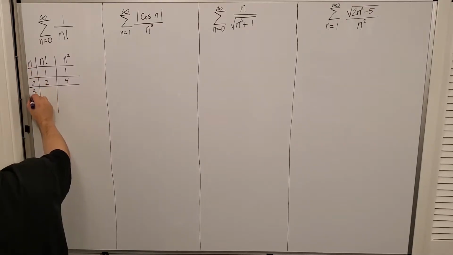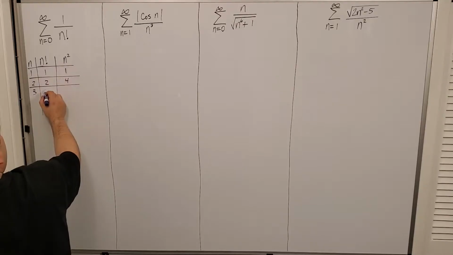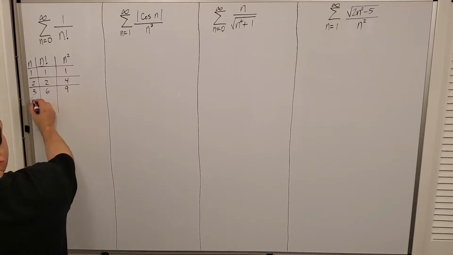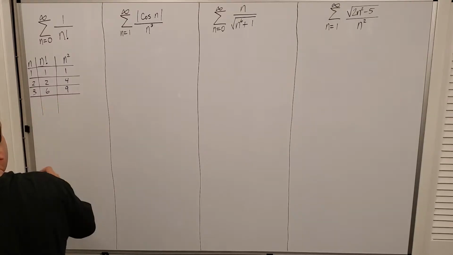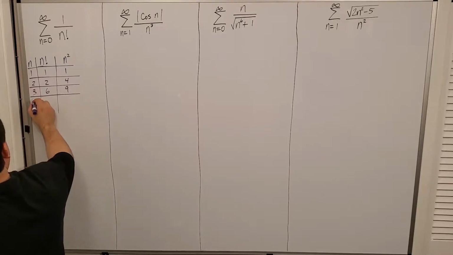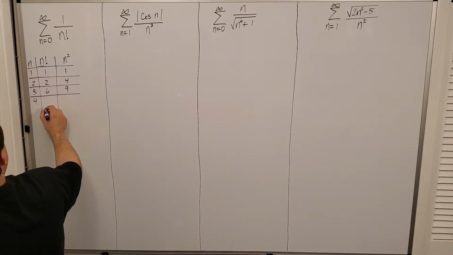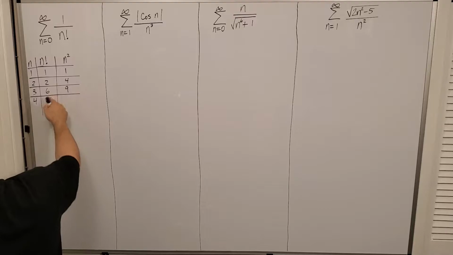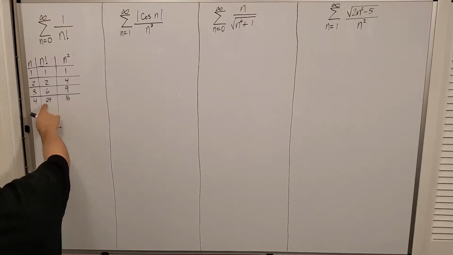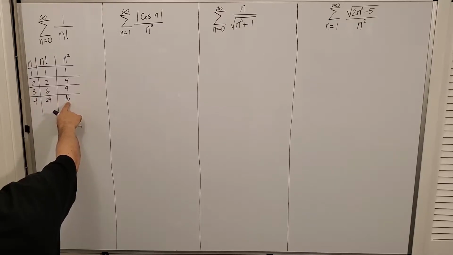When n is 3, 3 factorial is 3 times 2, which is 6, and 3 squared is 9. Next, 4 factorial is 24, because it's 6 times 4, and 4 squared is 16. So you see the factorial overtook the square.